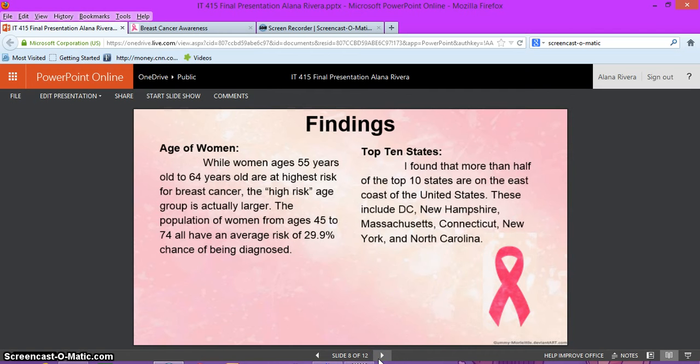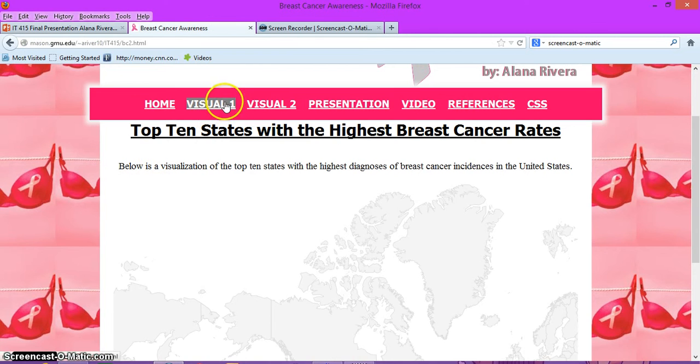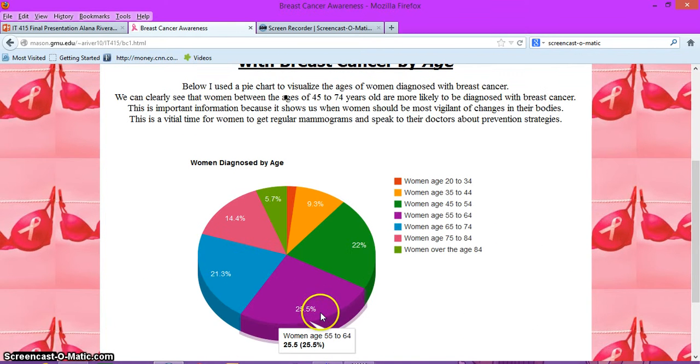So for my findings, what I did find was that while the age of women who are at highest risk is right here between 55 to 64, it actually goes across. If you look very closely, we can see how close the numbers are from the age of 45 to the age of 74.